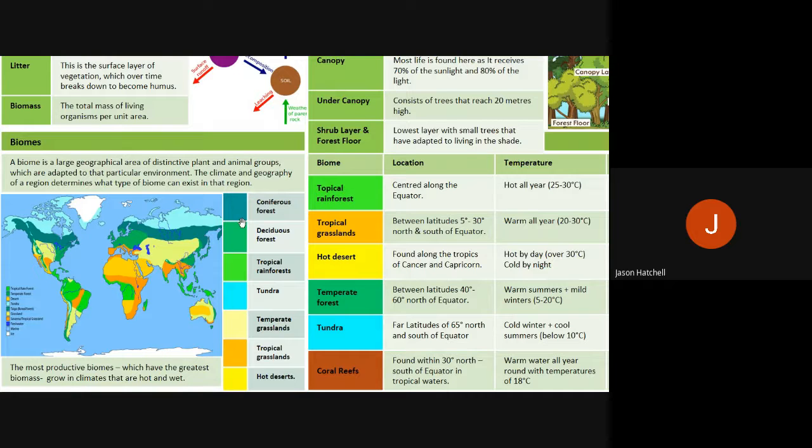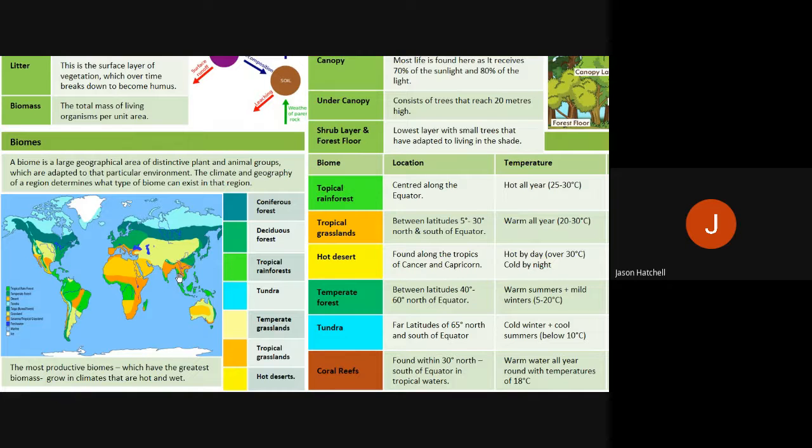Essentially, the most important thing to remember is the actual climate, the long-term weather of a region, determines what biome exists there. So the reason, for example, we have tropical grasslands and tropical rainforests and hot deserts in effectively the middle of the map mainly, is because the equator is there.